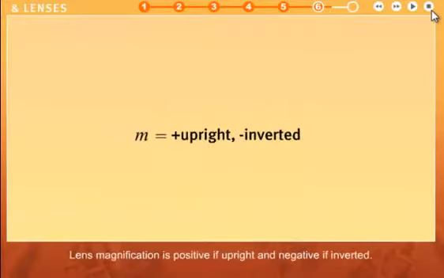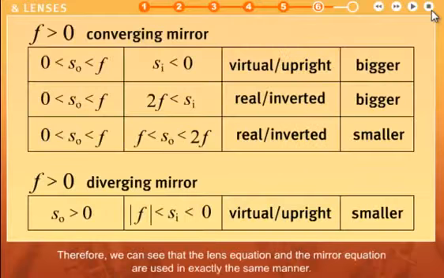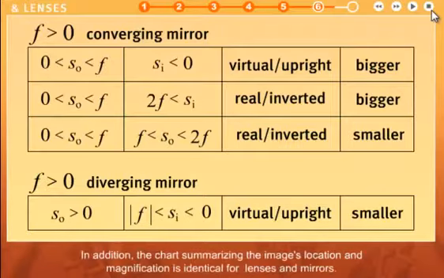Lens magnification is positive if upright and negative if inverted. Therefore, we can see that the lens equation and the mirror equation are used in exactly the same manner. In addition, the chart summarizing the image's location and magnification is identical for lenses and mirrors.